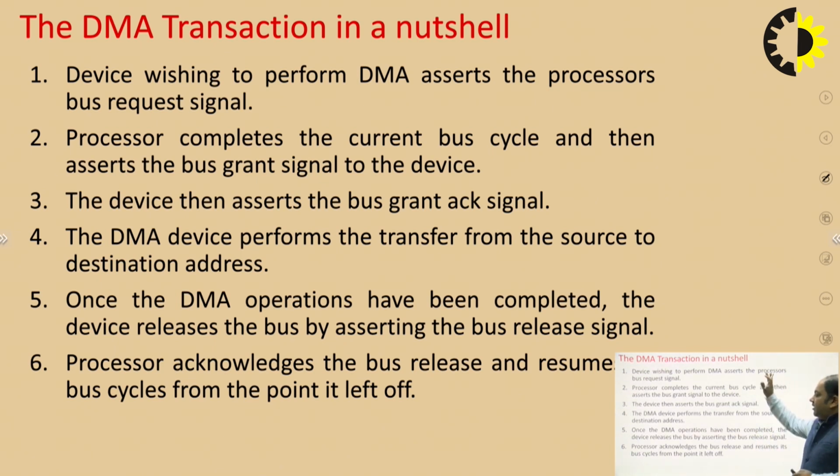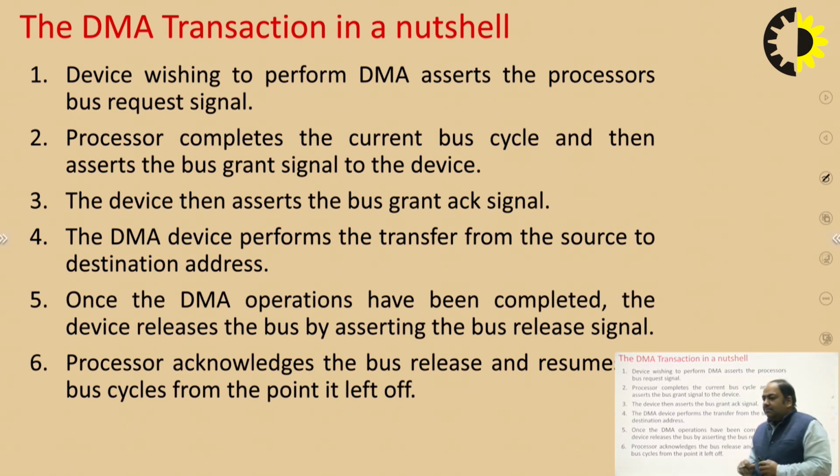So I will define all the transaction details. A device wishing to perform DMA asserts the processor's bus request signal, a request signal for which device we want to execute an instruction on. Now the processor completes the current bus cycle and then asserts the bus grant signal to the device. What is the bus grant signal?